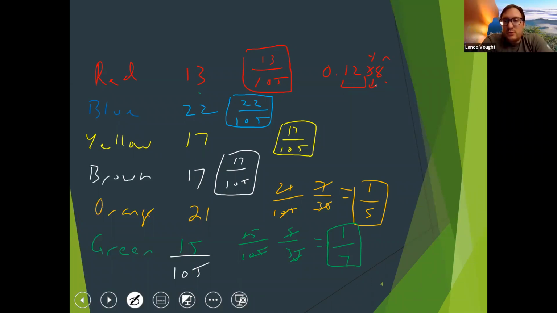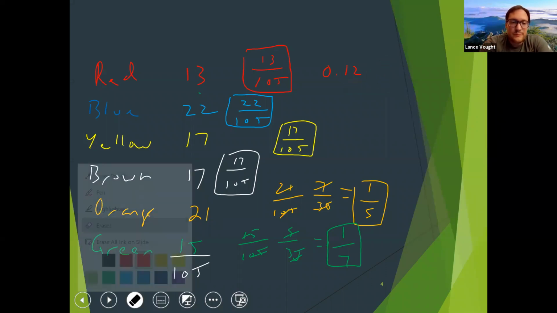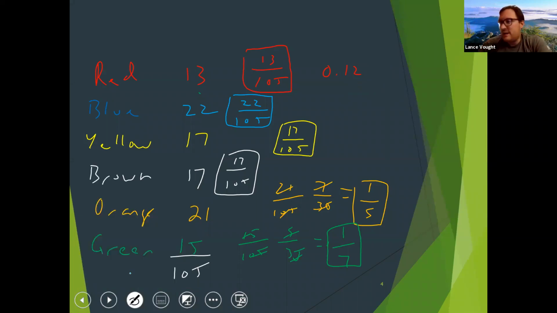I'm just shortcutting by using the calculator here for these. I'll show you basic division in a bit, with numbers and decimals. But we've decided to truncate this down to 0.12. Now if we go to blue, 22 divided by 105 is going to give us 0.2095.